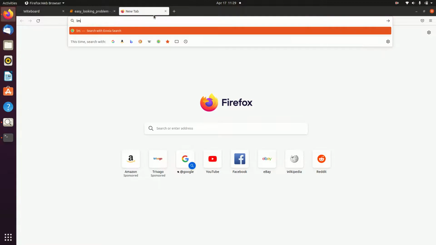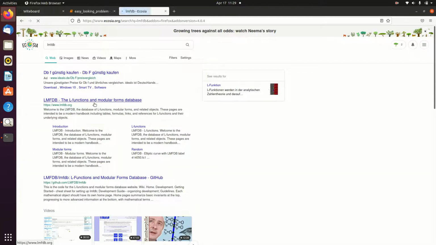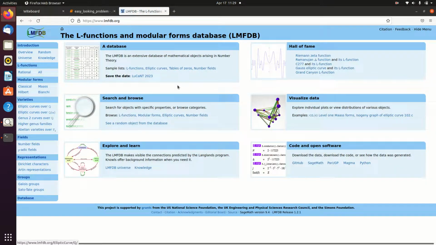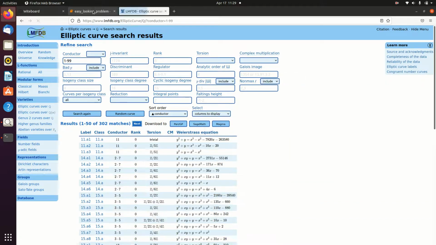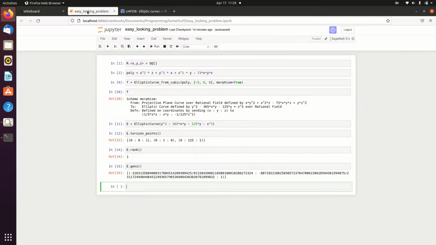So we could, for instance, look at the L-functions and modular forms database. Okay, it's a little bit slow. So here we have elliptic curves, and now let me see, over Q, and here we can specify the coefficients.